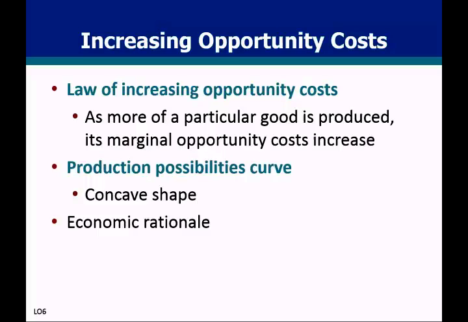A couple of things we need to keep in mind with this particular model. The law of increasing opportunity cost. What does that mean? That means the more I choose of pizzas, I give up the potential of producing robots. The more I choose of robots, I give up the potential of producing pizza. So it's a law of increasing opportunity cost of what I forego.